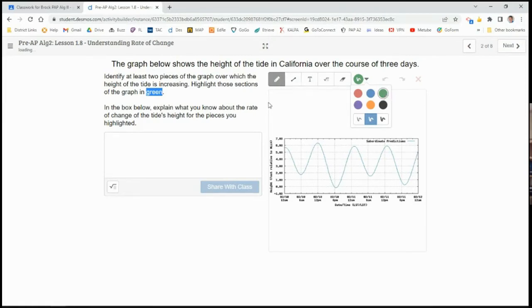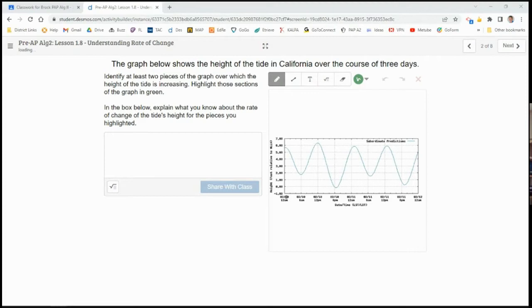Okay. So they want to know, when is the height of the tide increasing? All right, so be putting that on there. Here's the height of the tide on this table, this graph over here.